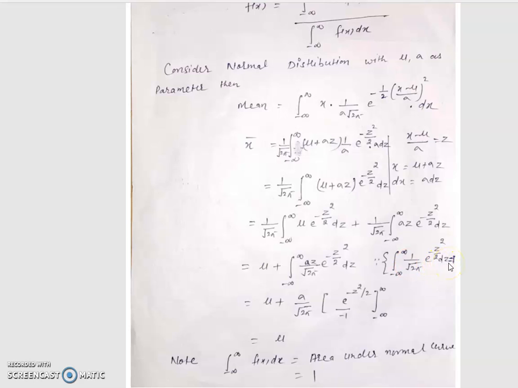Therefore this is mu. When we integrate the second term with limits minus infinity to plus infinity, this is 0. Therefore the mean value is mu. And the integral from minus infinity to plus infinity of f(x) dx is the area under the normal curve, which is always 1. Therefore the mean value of the normal distribution is mu.